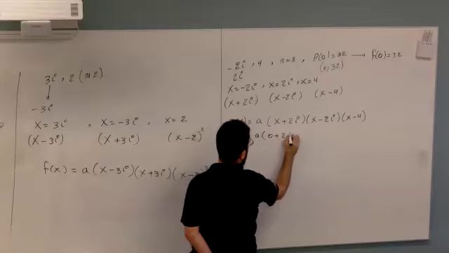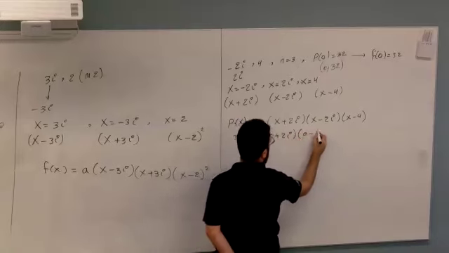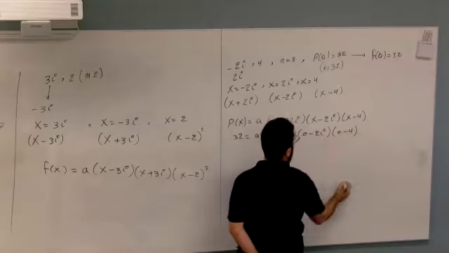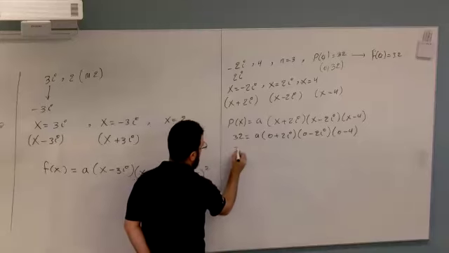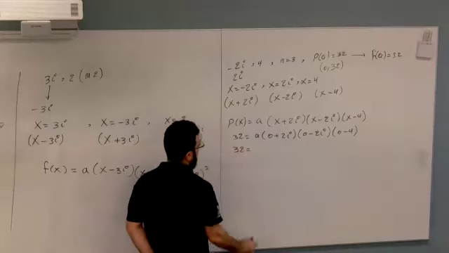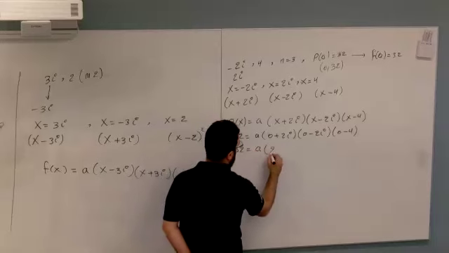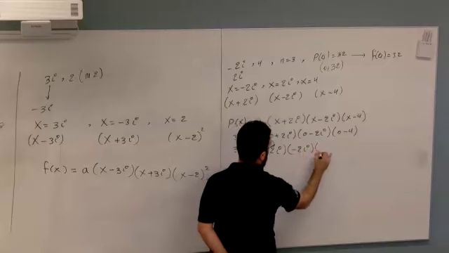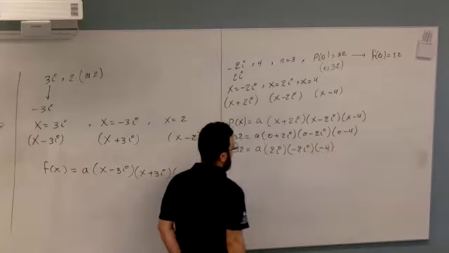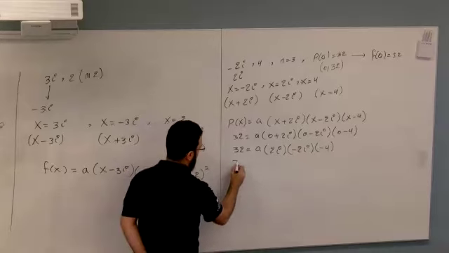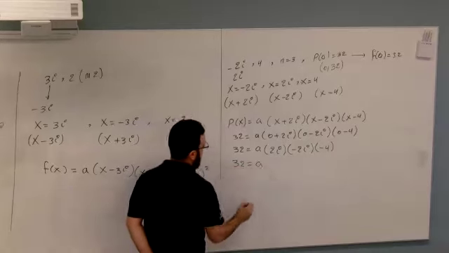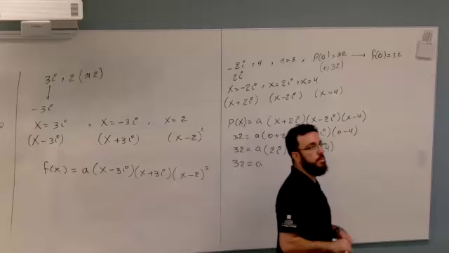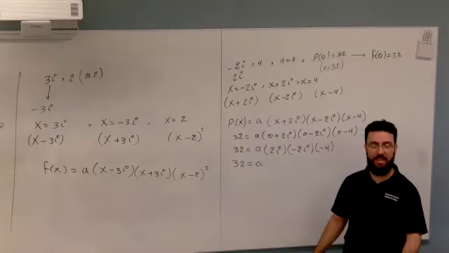0 plus 2i, 0 minus 2i, and here 0 minus 4. That means 32 equals a. This one is going to be 2i, this one is going to be negative 2i, and this one is going to be negative 4. This is 32 equals a times 2i times negative 2i, which is negative 4i squared.